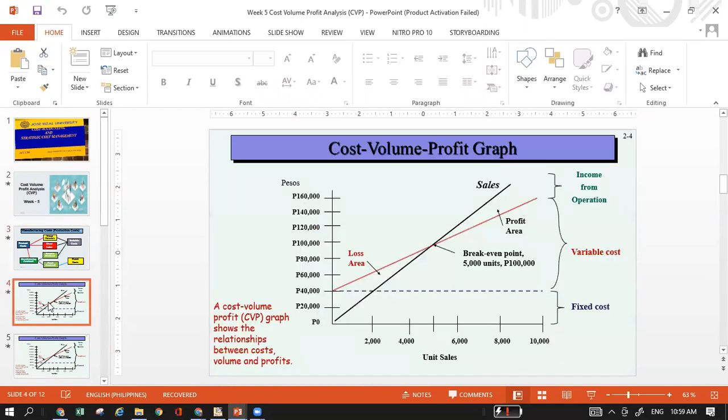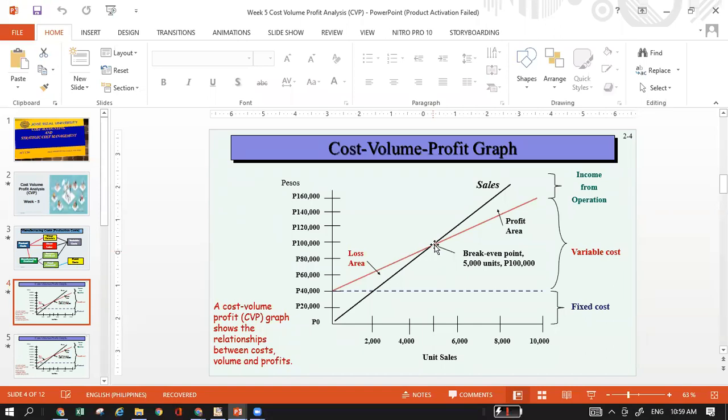So we have now our cost volume profit graph. This is your fixed cost. The red one is your variable cost, and the black one is your sales. The 3 points meet at this level, and we call this the break even point.